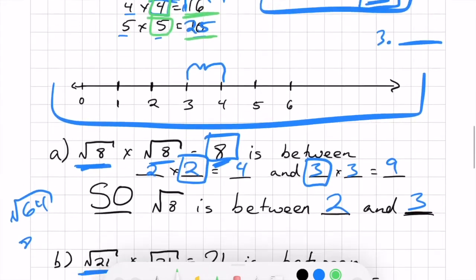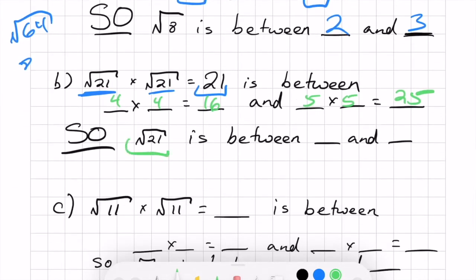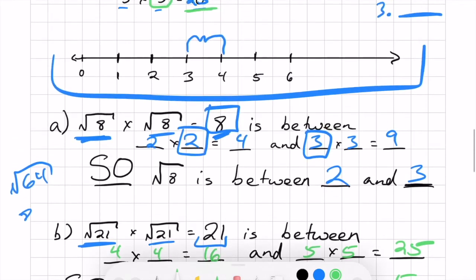It's going to fit somewhere between 4 times 4, that is 16, and 5 times 5, which is 25. Okay, and then I know that the square root of 21 is going to be between 4 and 5 on the number line. So if I go back, it's going to fit in here somewhere. Okay, so right now we're just finding where it fits on the number line.